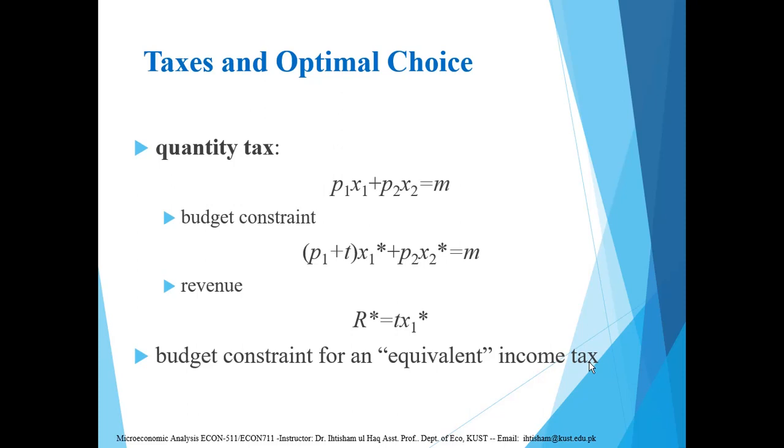Now if a government levies an income tax collecting an equal amount as in the case of quantity tax, the budget constraint will be P1 X1 plus P2 X2 equals M minus T X1. So the revenue generated by the government has to be subtracted from the consumer's budget.